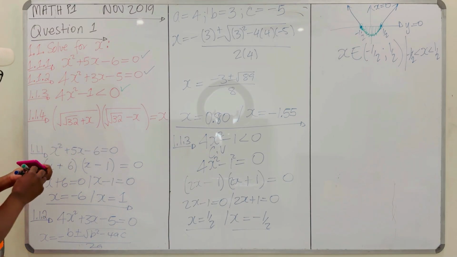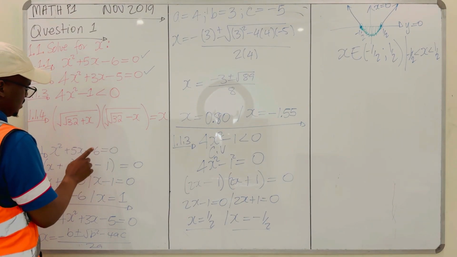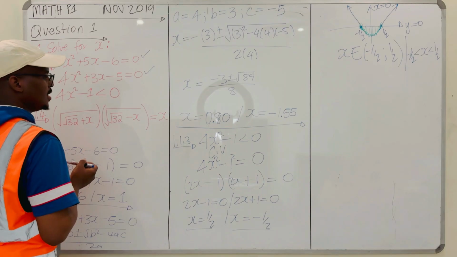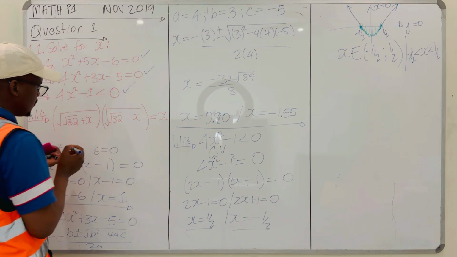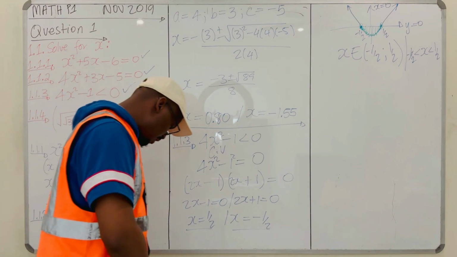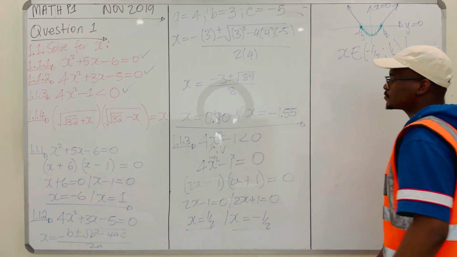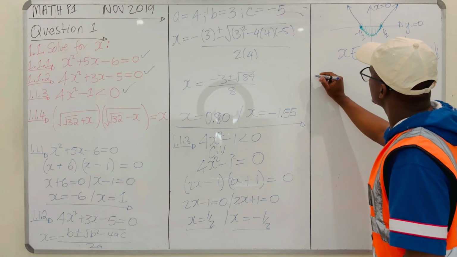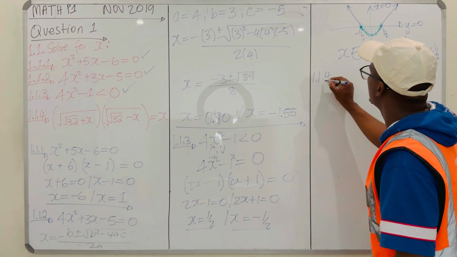So at this point we're left with one, which is this one here. Let's try and see. This is 1.1.4.